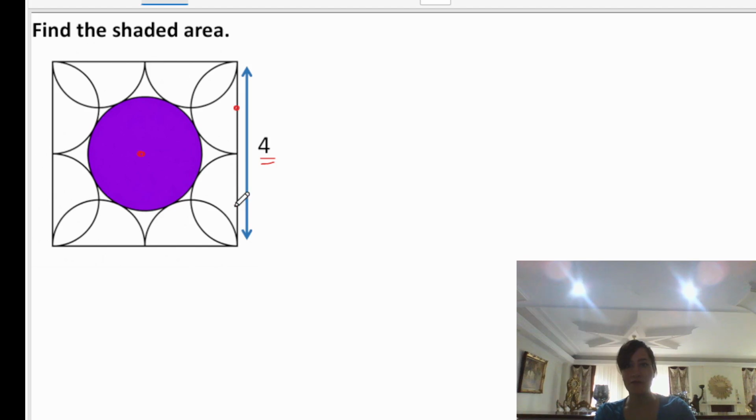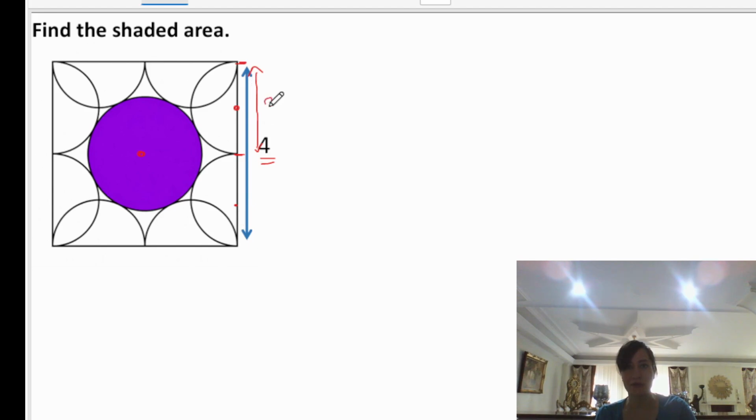So if the length of each side is 4, the diameter of each semicircle would be 2, because as I said, two semicircles exactly cover one side.